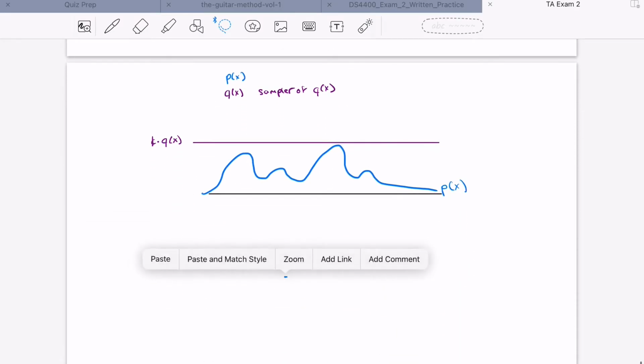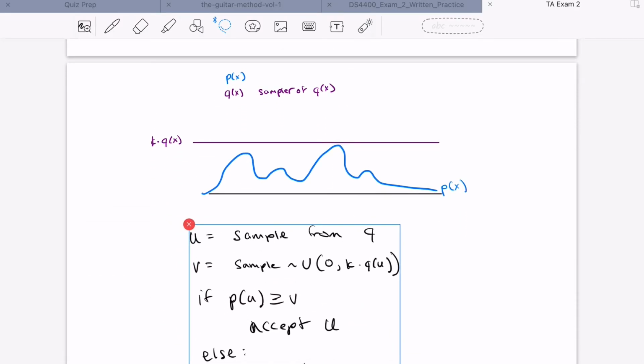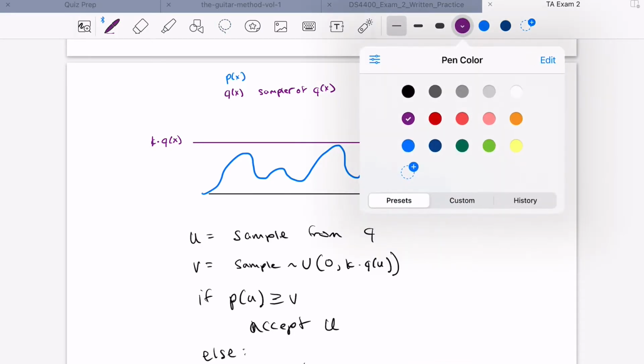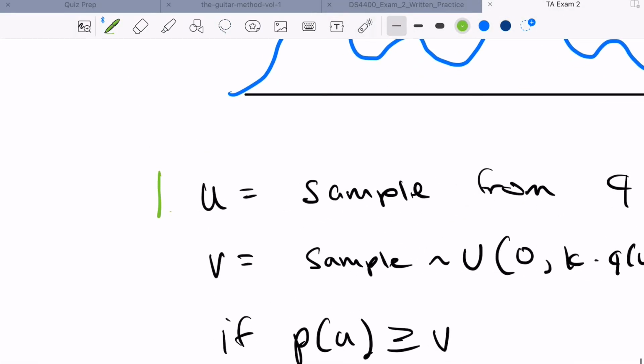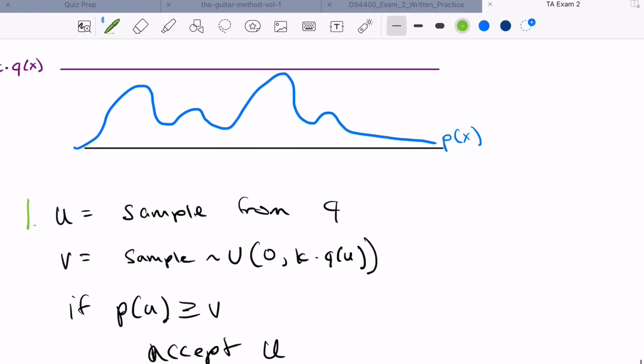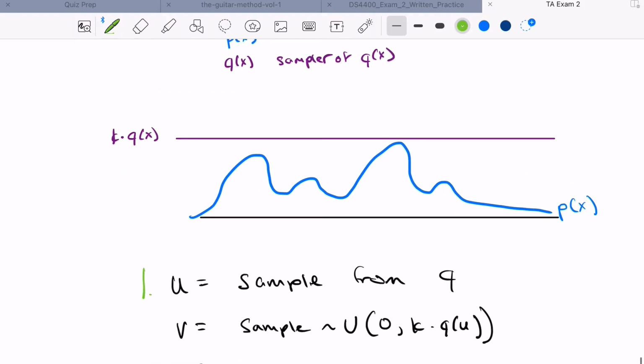I'm going to copy this algorithm down here. The first step: we generate a sample from Q. What we'll get is some value along the x-axis. Remember, Q is a uniform distribution, so every value on the x-axis has the same probability.